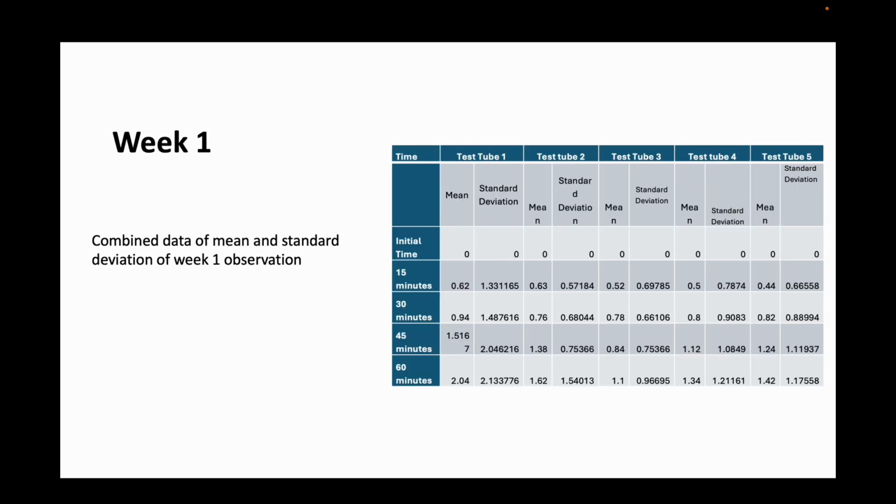This is the combined table of mean and standard deviation of week 1's observation, in which the values of mean and standard deviation are both increasing with the increasing temperature and with the passing of time, which indicates that the CO2 production is also increasing with the increasing temperature and with the passing of time in each test tube.